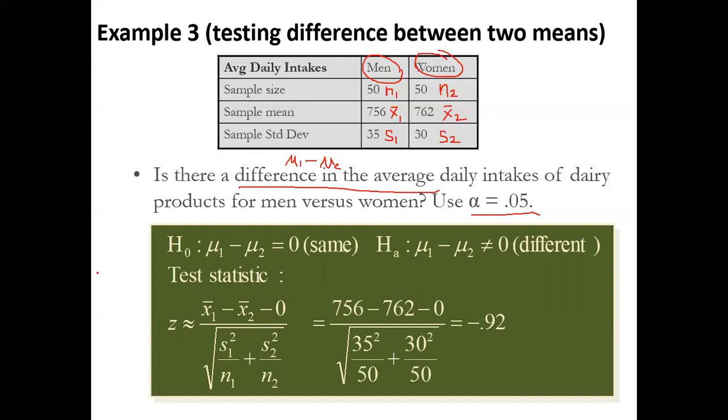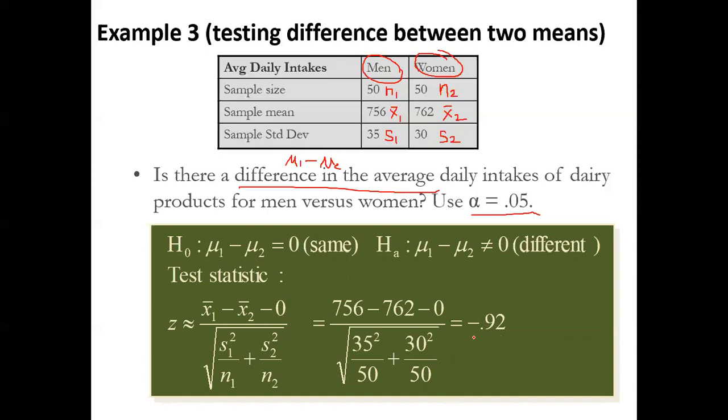When you insert all the values, you will get 756 minus 762, divided by the square root of 35 squared divided by 50 plus 30 squared divided by 50. When you calculate, you will get negative 0.92.